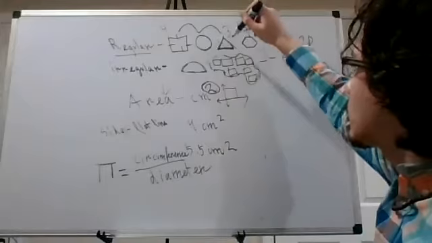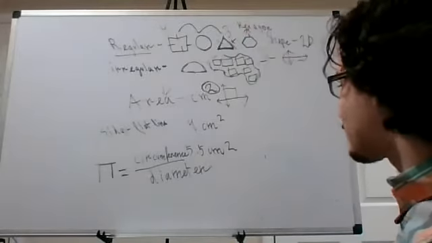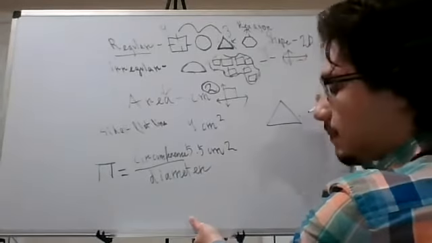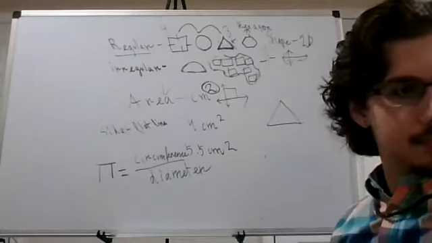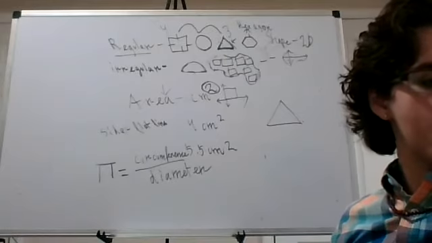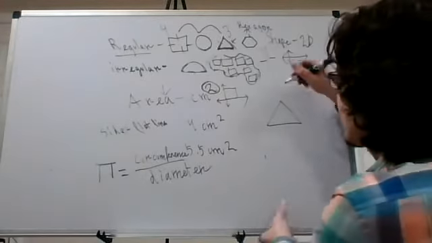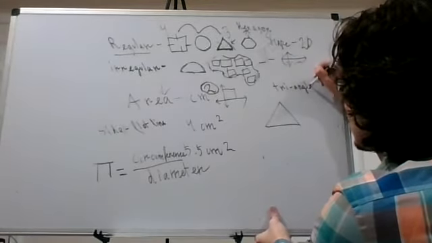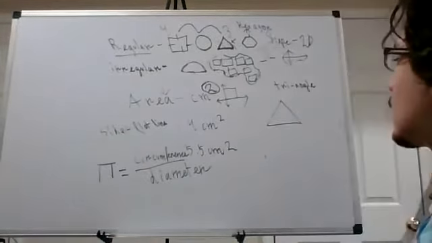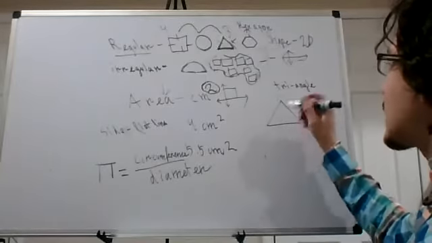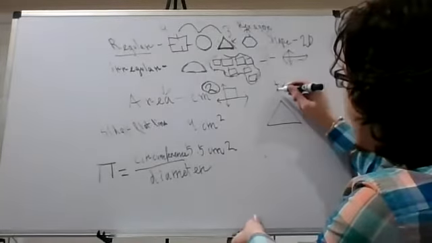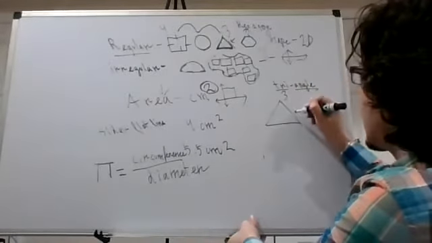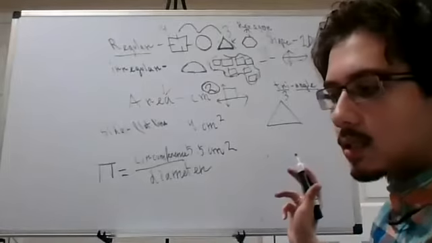Let's go to triangles. What do we know about triangles? They have 3 sides. Yes. So a triangle has 3 sides, and the way we can see it is that if we write out the name triangle, tri means 3 and angle means, does everybody know what an angle is?